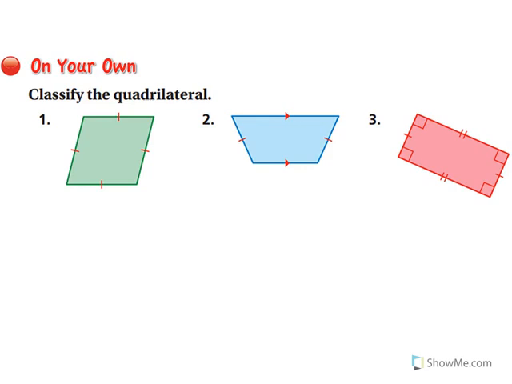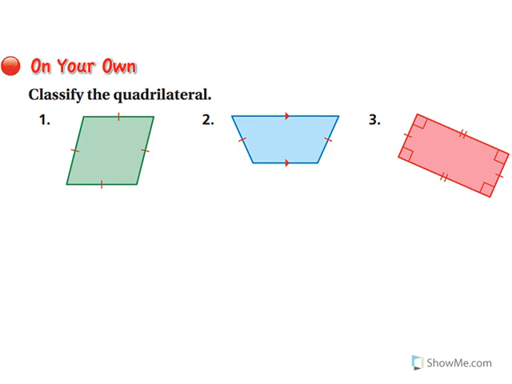All right, well, let's take a look to see how you guys did on this. So for our first quadrilateral that we see, what do we know? Well, we can see that we have two sets of parallel sides. And the big thing is we can tell that we have four sides that are all the same.